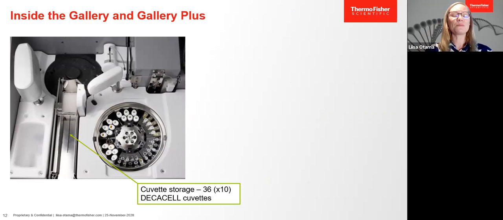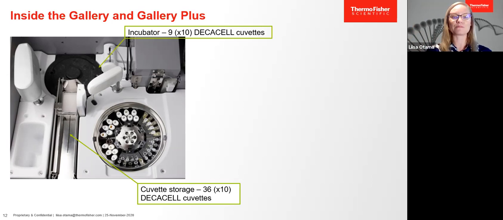In the cuvette storage, we have place for 36 decacell cuvettes. We call the cuvettes decacells because each decacell actually has 10 reaction vessels, meaning that the storage can hold up to 360 measurement cells.